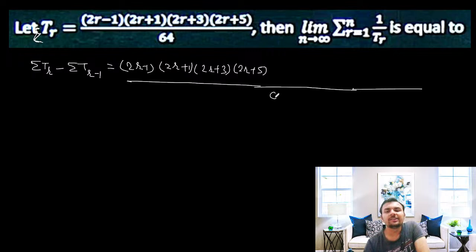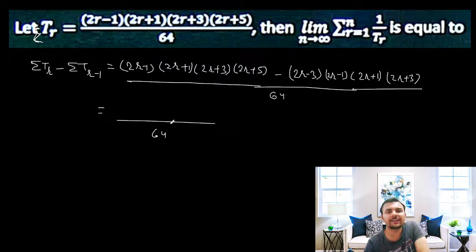upon 64, minus r equal to r minus 1, which is 2r minus 3, 2r minus 1, 2r plus 1, 2r plus 3. So what will happen? We will have 64 at the bottom, and 1 3 is common.